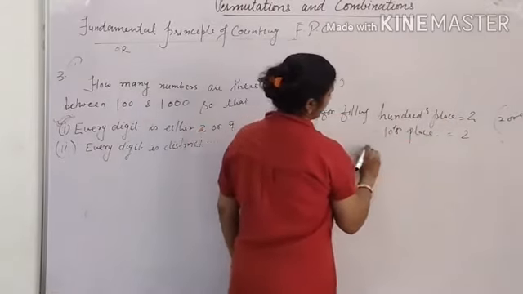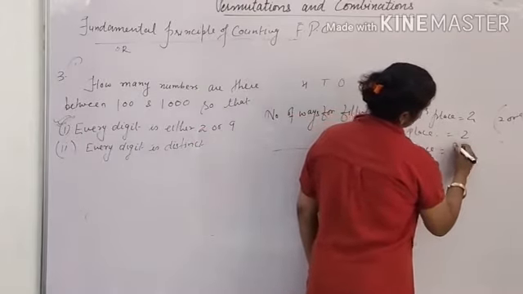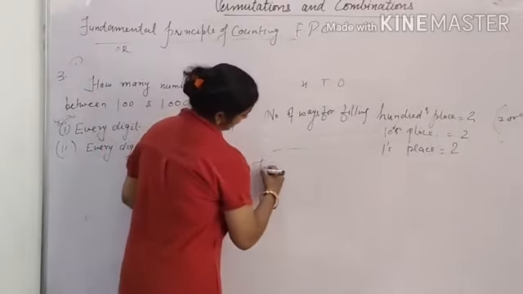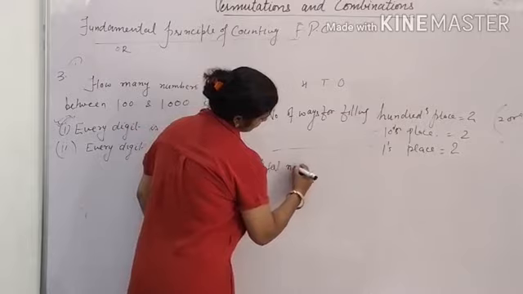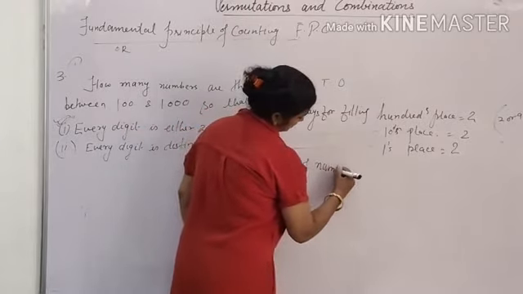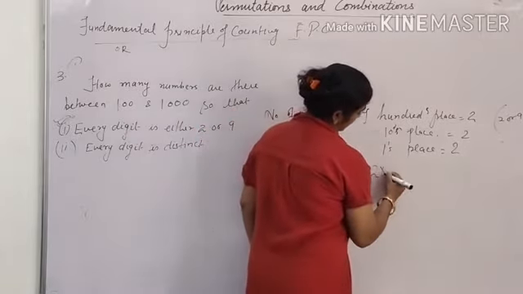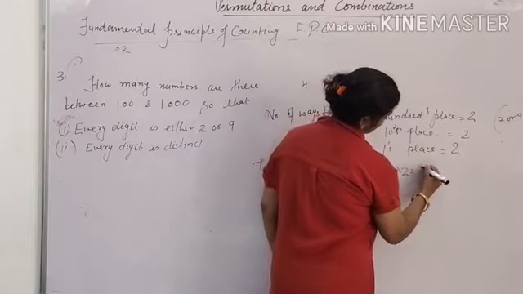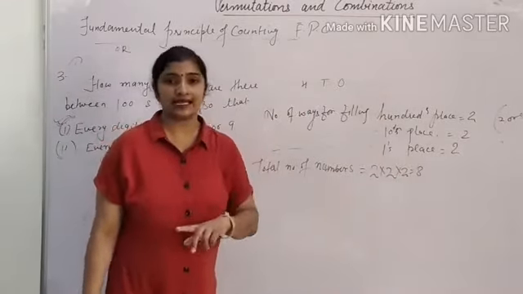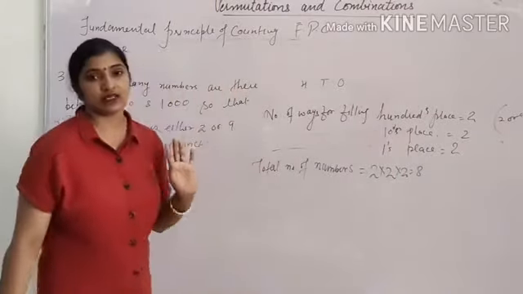And the number of ways for filling the ones place, or unit place, is again 2. So the total number of ways, or you can say the total number of numbers, is 2 into 2 into 2, that is 8. So the numbers that have only 2 or 9 are only 8 between 100 and 1000.